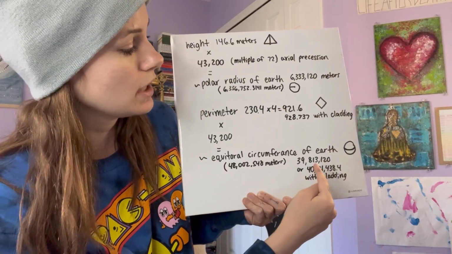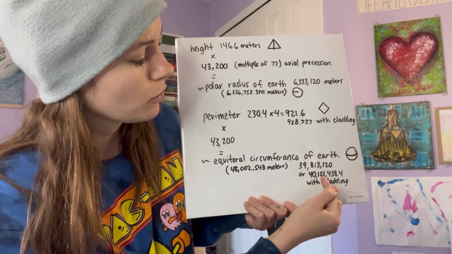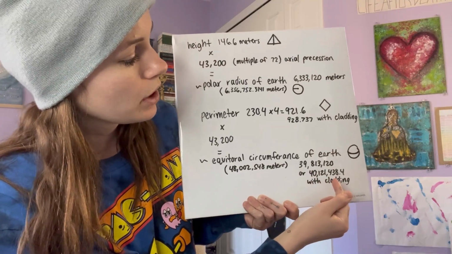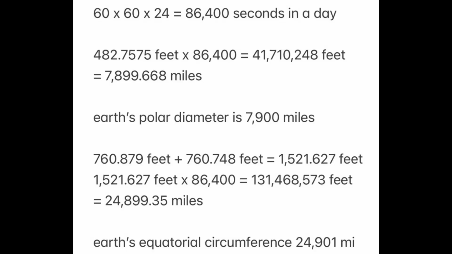The actual number you get when you do this math with the cladding is 40,121,438.4 meters.